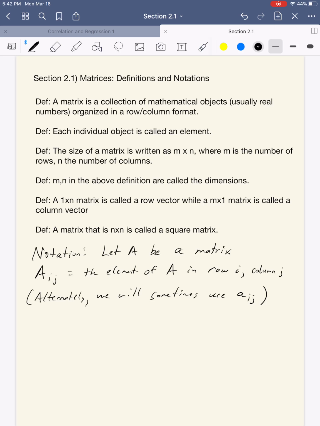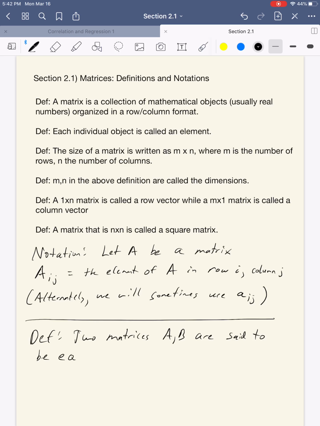Let's also talk about what it means for matrices to be equal. It should be pretty clear, but we do need another quick statement here. So, definition: two matrices A, B are said to be equal if, one, A, B have the same size.